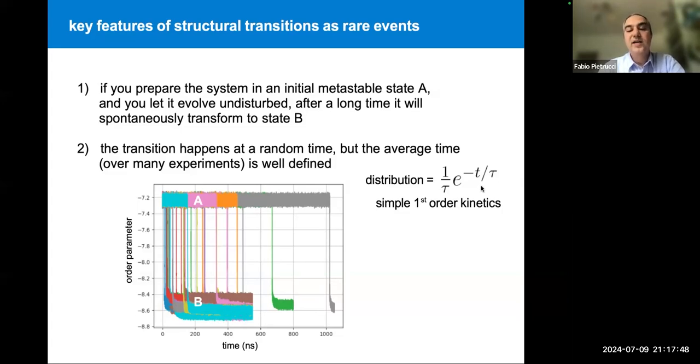There is a well-defined average, and there is a well-defined distribution, which is the exponential distribution. And this is a signature of a simple first-order kinetics. We could discuss this, but now the point is not to enter into mathematical details. It's just to say that many phenomena belong to this class. And they have a very simple description in terms of first-order kinetics and an exponential time distribution.